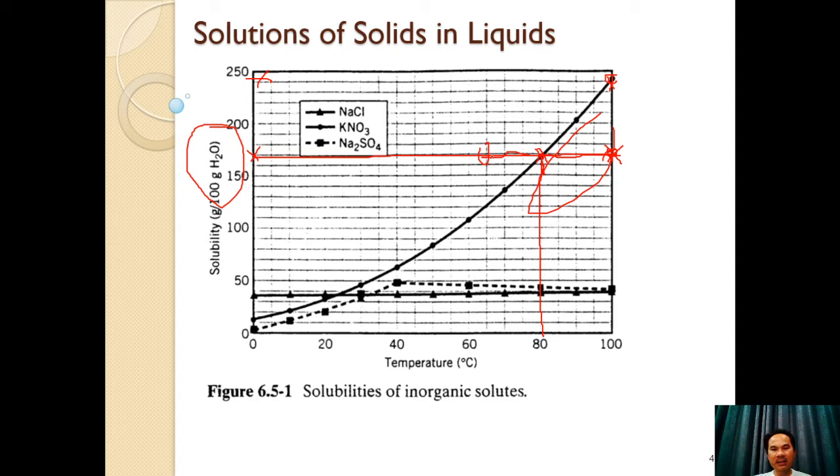If you cool further, you get a concentration in this zone, which we call supersaturated because it is higher than the solubility. From 100 cooling to 80 is saturated, and then cooling further you get supersaturated, for example at about 65 degrees Celsius. At this point some solute crystallizes out from liquid to solid form.